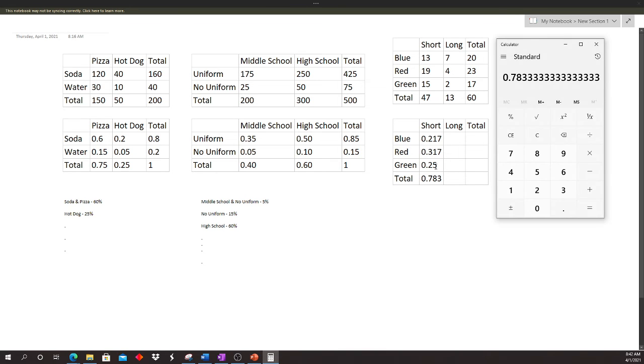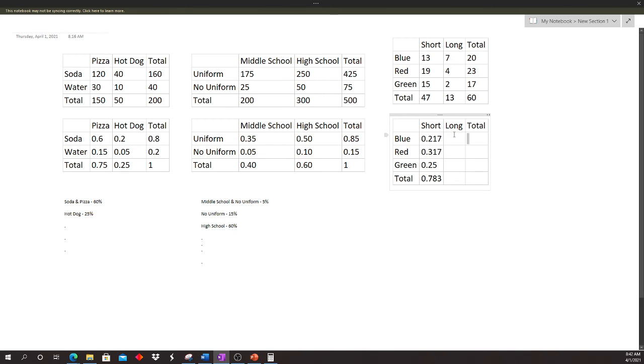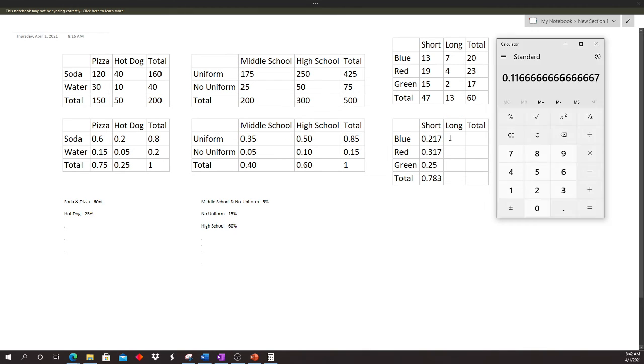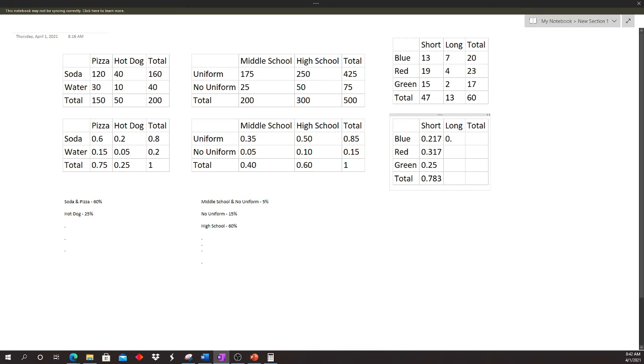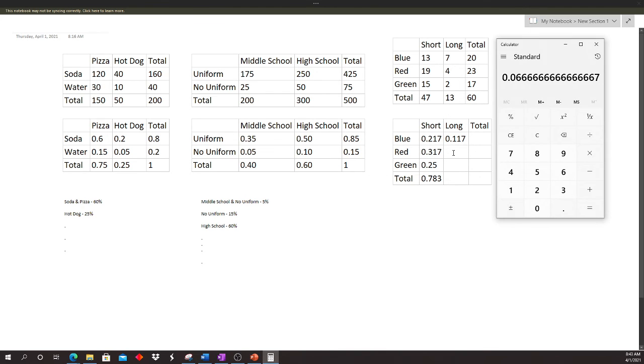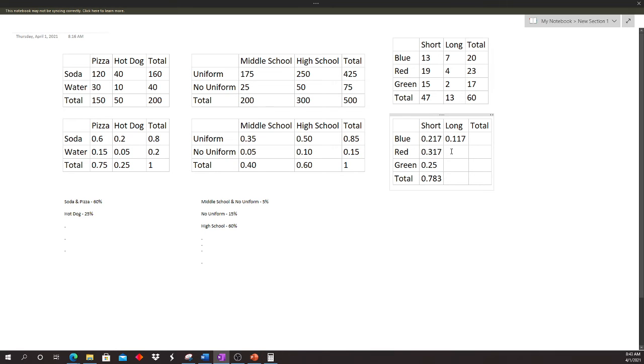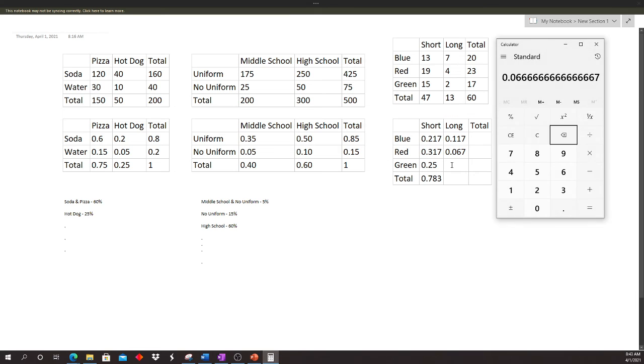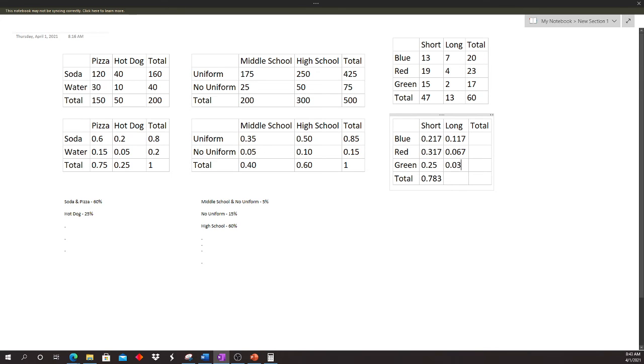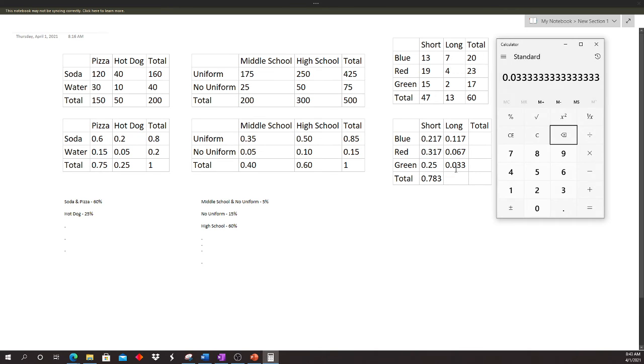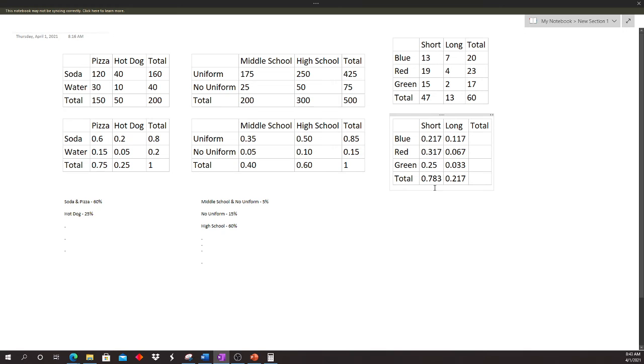And then going along the long sleeve, 7 divided by 60, 0.117. 4 divided by 60, 0.067. 2 divided by 60, 0.033. 13 divided by 60, 0.217.